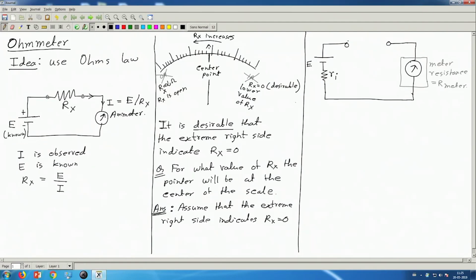Now, the unknown resistance R x will be connected between these 2 terminals. So this is R x. Let us call R internal the total internal resistance of the circuit.